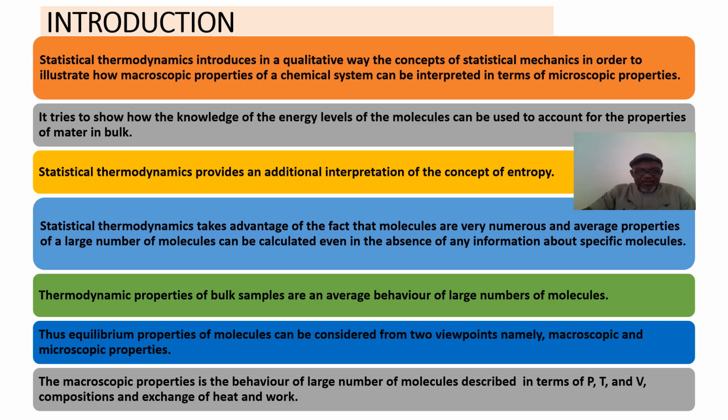Thermodynamic properties of bulk samples are the average behavior of a large number of molecules. Thus, equilibrium properties of molecules can be interpreted from two viewpoints, macroscopic and microscopic. The macroscopic property is the behavior of a large number of molecules in terms of pressure, volume, and temperature behavior, and of course, exchange of heat and work.